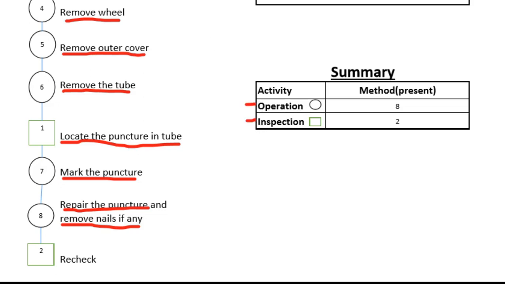We can count them with numbers marked in the circles and squares. There are 8 circles, meaning 8 operations are involved in this chart, and only 2 inspections. So lastly we prepare a summary table: 8 operations and 2 inspections.